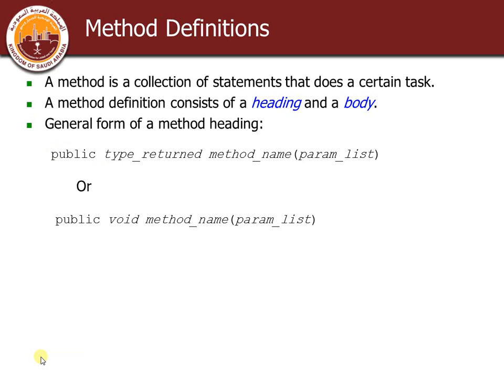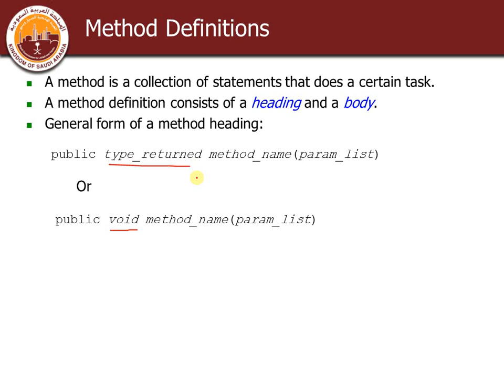There are two types of methods. Very important for you to distinguish between them. It's very easy to recognize each one of them. When you have a method with void, that means this method does not return anything. Void is a special data type that says there's no return data type. And the return type here can be any data type that we know: int, double, float, short, byte, boolean, string, or scanner.